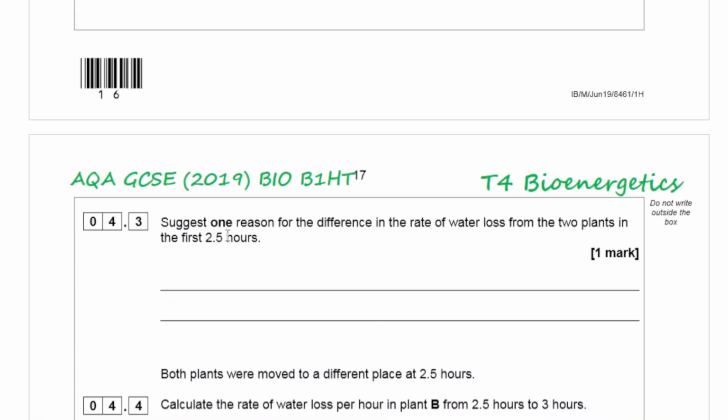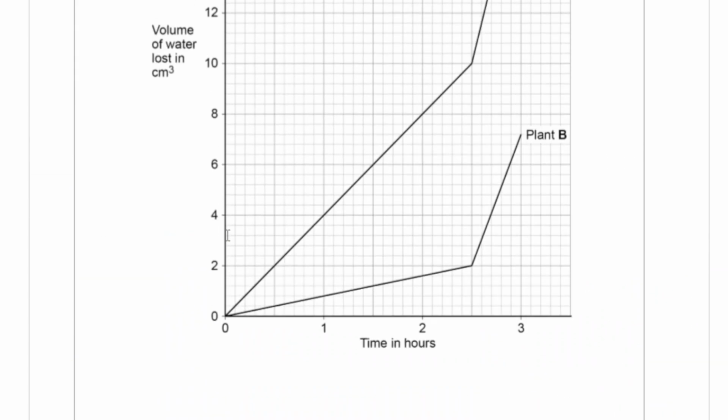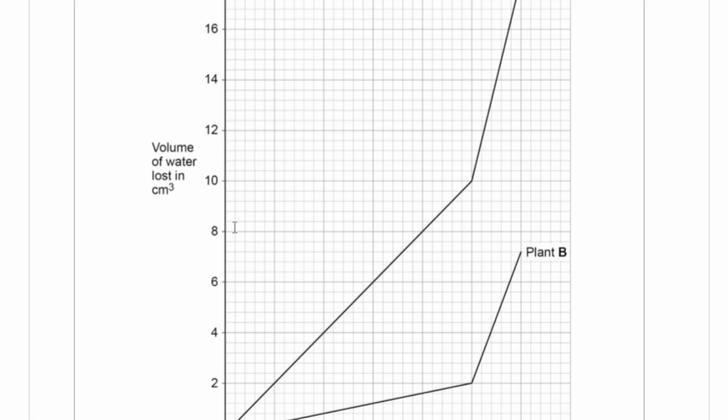Okay, so just one reason for the difference in the rate of water loss from the two plants in the first 2.5 hours. Now, in the first 2.5 hours, there's a steady increase in the amount of water that is lost. Plant A is actually losing more water.